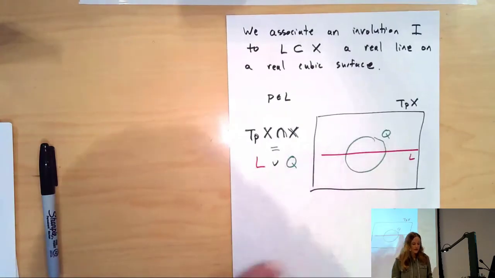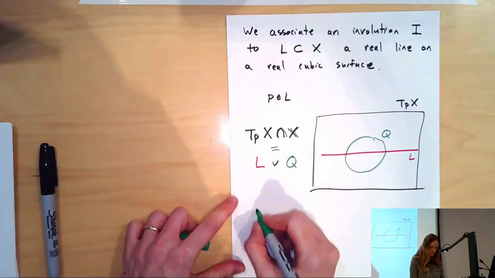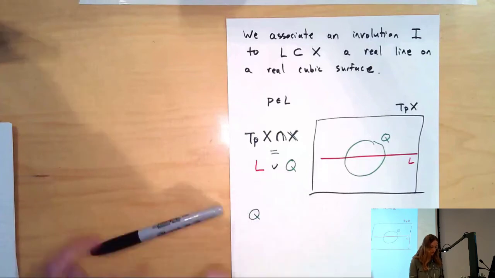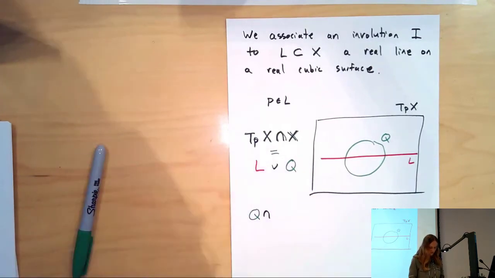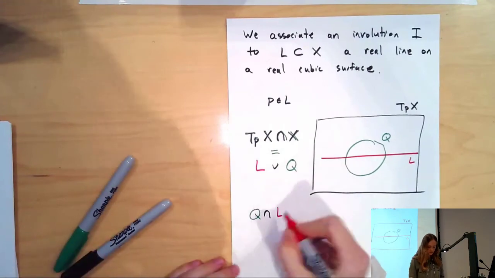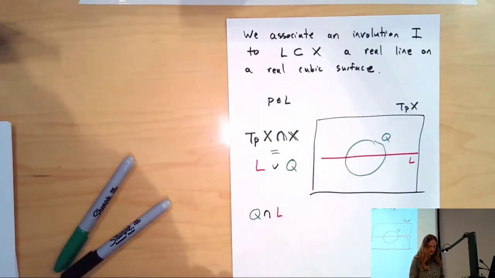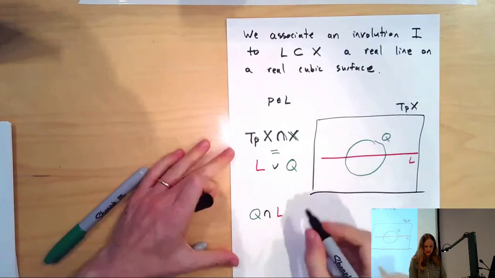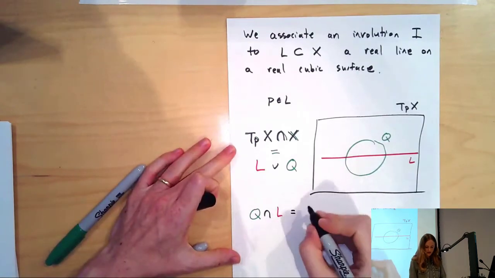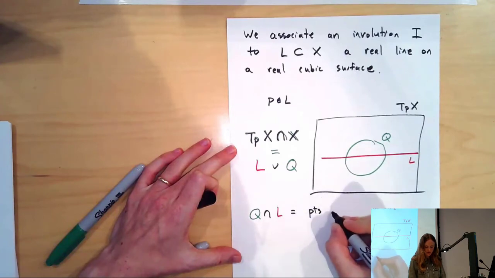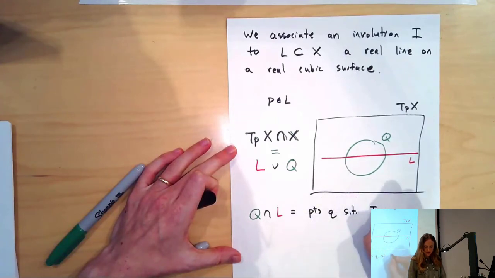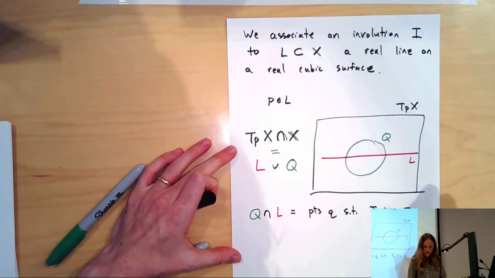So these points of intersection, Q intersect L, is the points whose tangent space is T_P of X. So this equals points Q such that T_Q of X equals T_P of X.